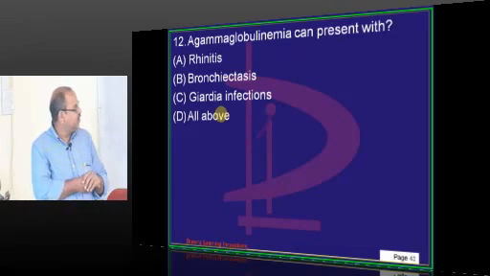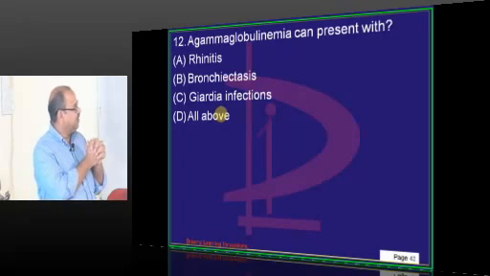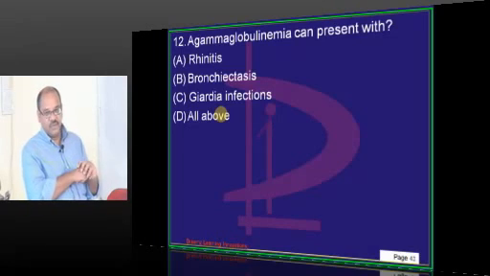And another bit: agammaglobulinemia can present with rhinitis, bronchiectasis, giardia infections, all of the above.